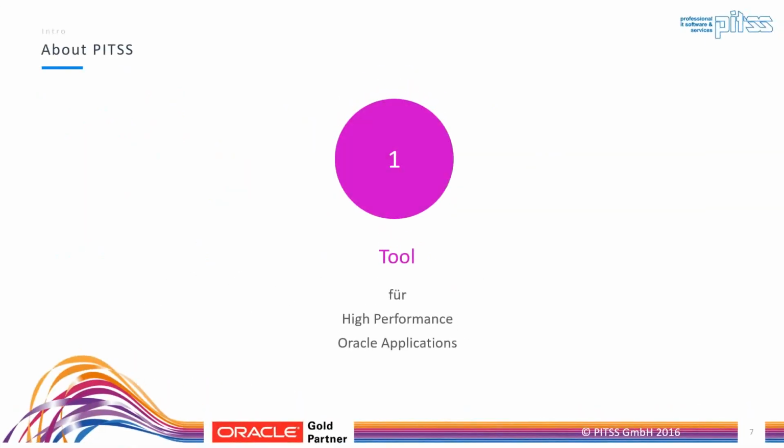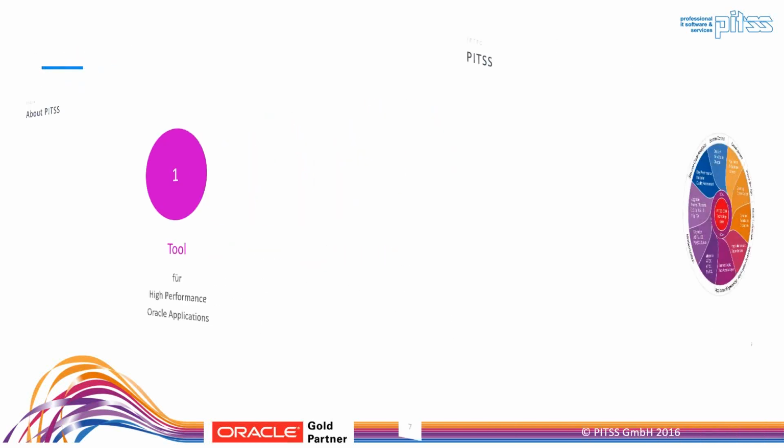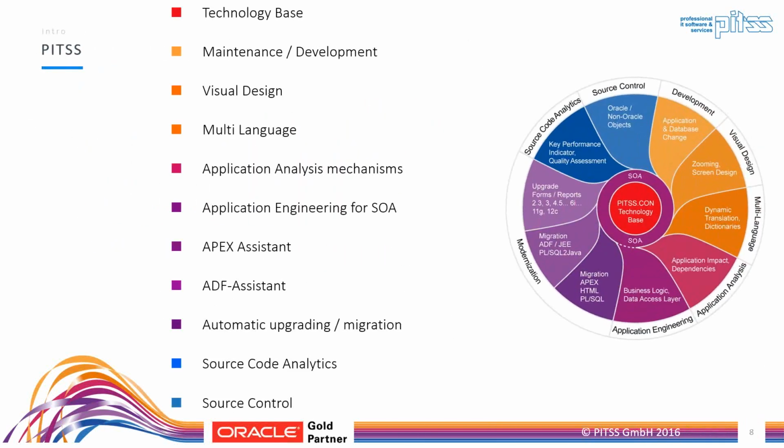So depending on customer premises, our tool PITSS.CON is not a one-time disposable product. Our product PITSS.CON is a short and long-term, multifunctionality tool to reduce costs and improve development processes and further application maintenance.